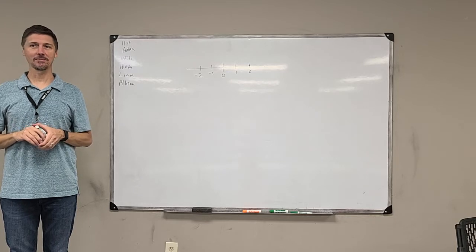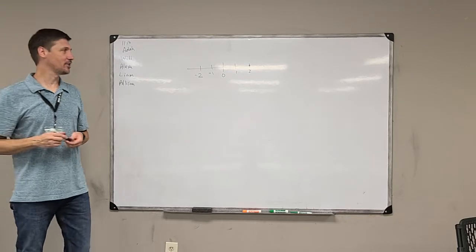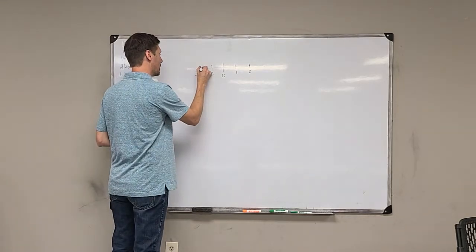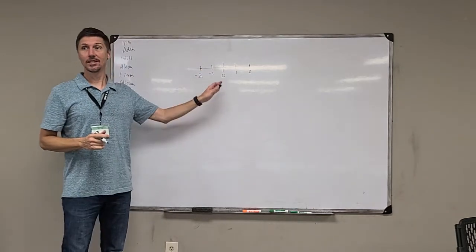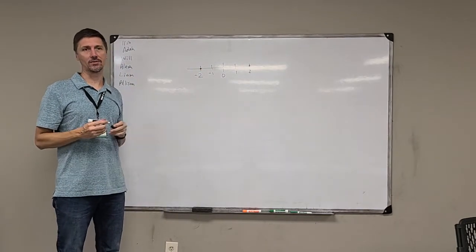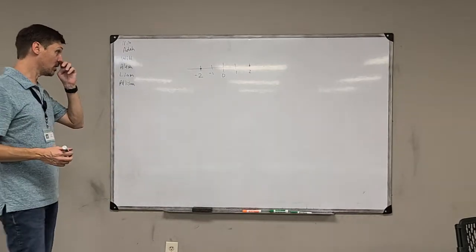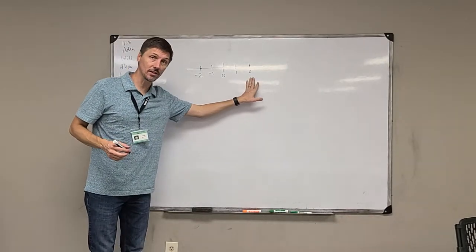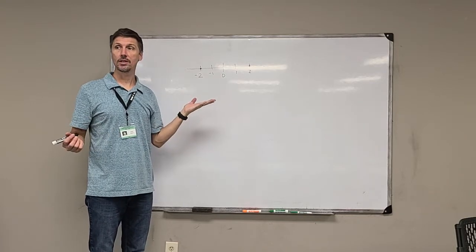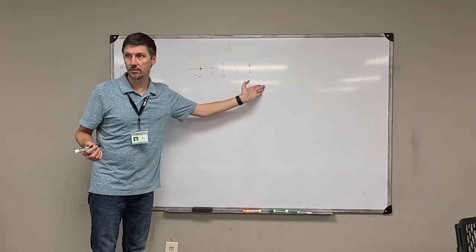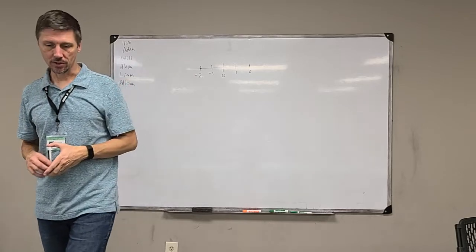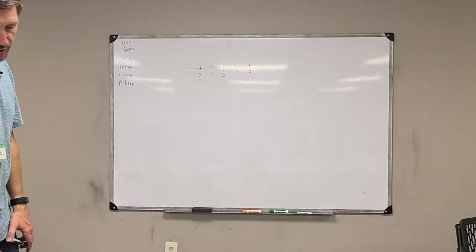What would we think of as the opposite of 2? Negative 2, right? So it's the number that's on the other side of 0, the same distance from 0, but in the other direction, right? So when we talk about the opposite of a number, just think about reversing the sign. So just like the opposite of positive 2 is negative 2, if I asked you for the opposite of negative 2, that would be positive 2, going in the other direction, right? So that's not a strange concept.